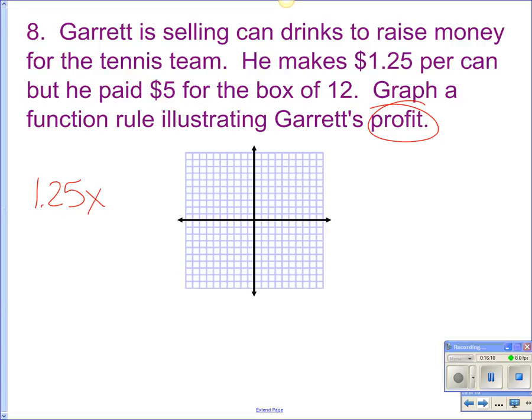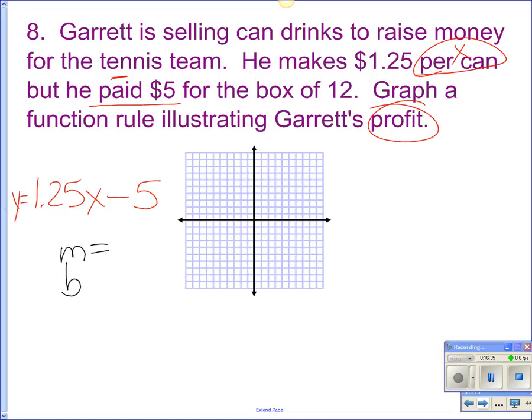Why? Good, because it's per can, so it gets an X. Jacob Shelton, what else is important that we need to put up here? Very good. -5 because you're paying that out. You can put y equals in front if you want.